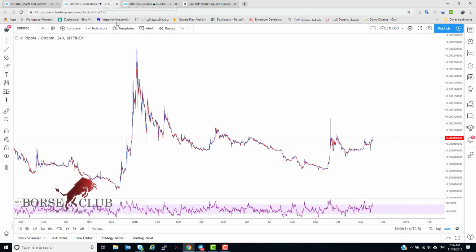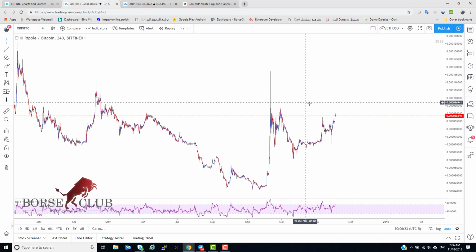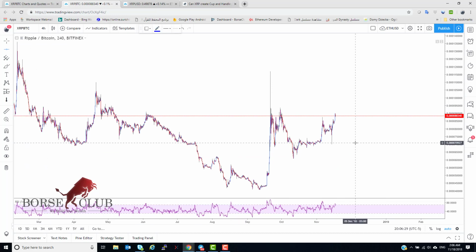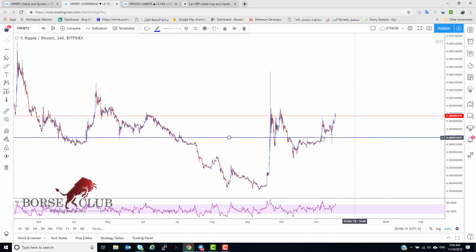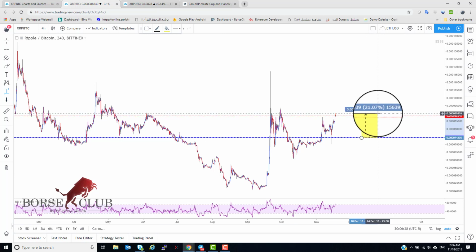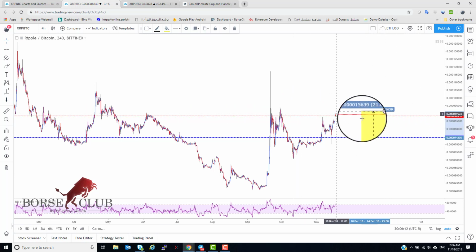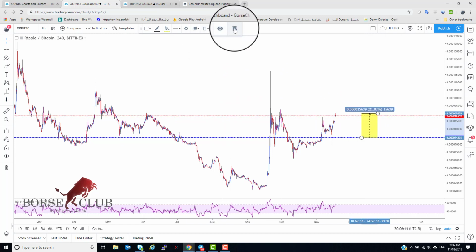All our clients and those who follow us on Twitter and of course the website bought from this area, and today we got almost 22%. So the first target has been hit, and the maximum today was 21%.